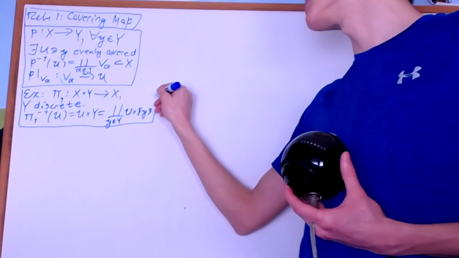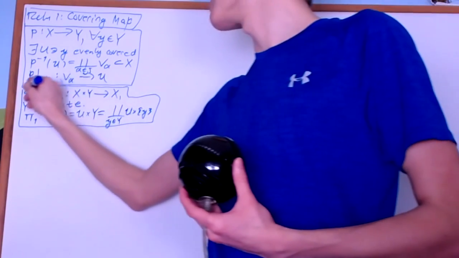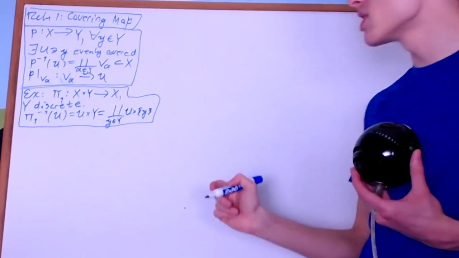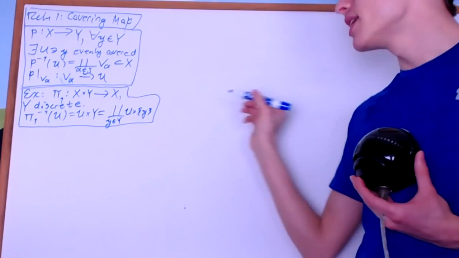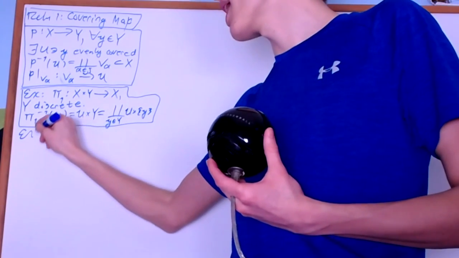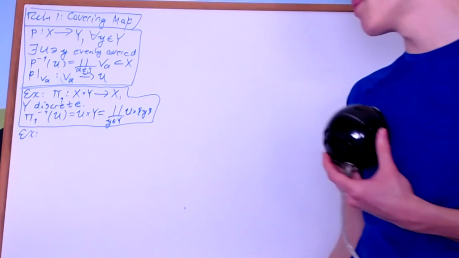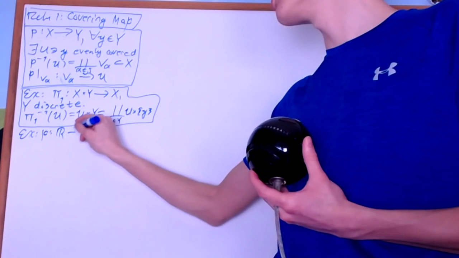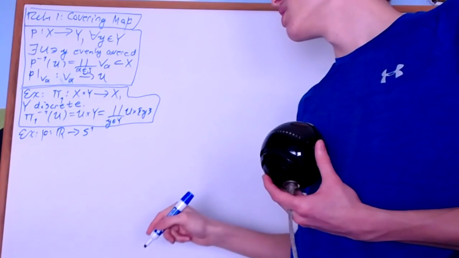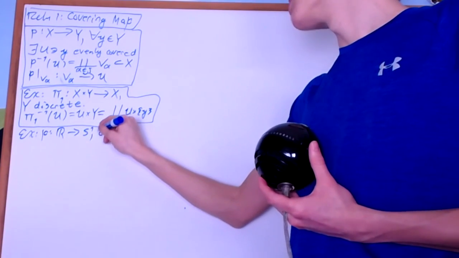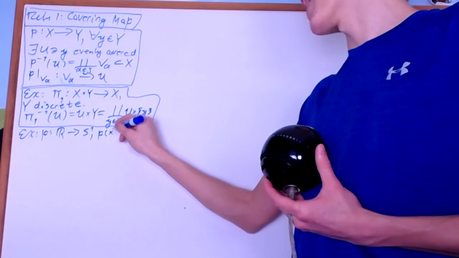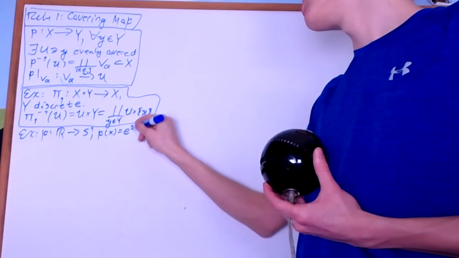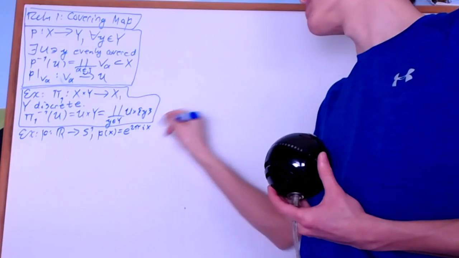That's our first example. Our second example is much more pertinent to the topic at hand, and it is a covering map from R, the real numbers, into the circle. The way we define it is P of x is equal to e to the 2 pi i x.